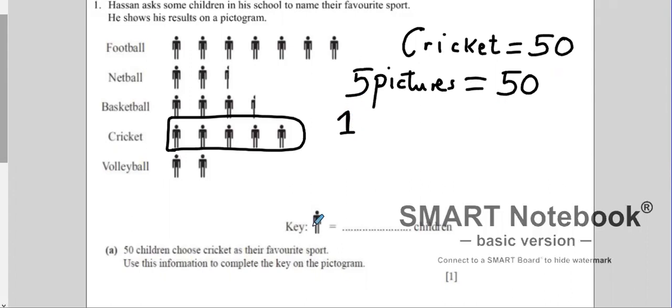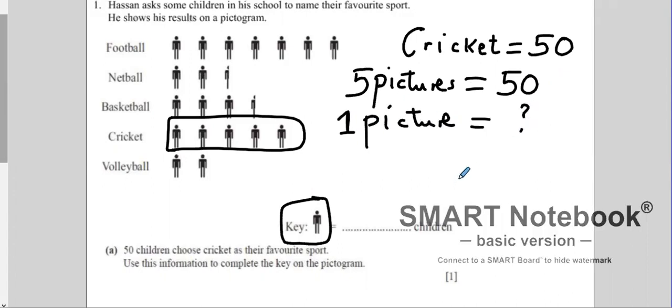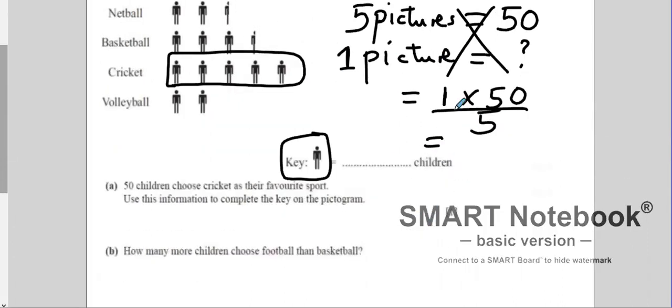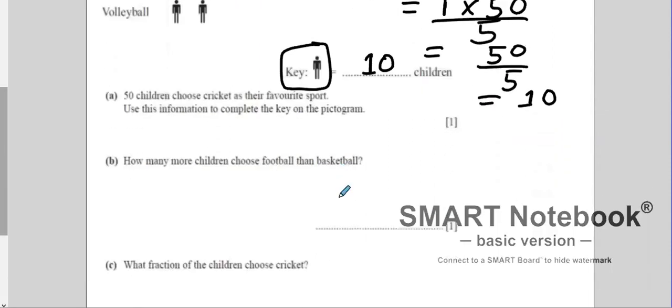We have to know how many children one picture will represent. In other words, you have to cross multiply. So it will be 1 times 50, divided by 5. 1 times 50 is 50, divided by 5 gives you 10. So each picture will mean 10 children. So the key is completed.